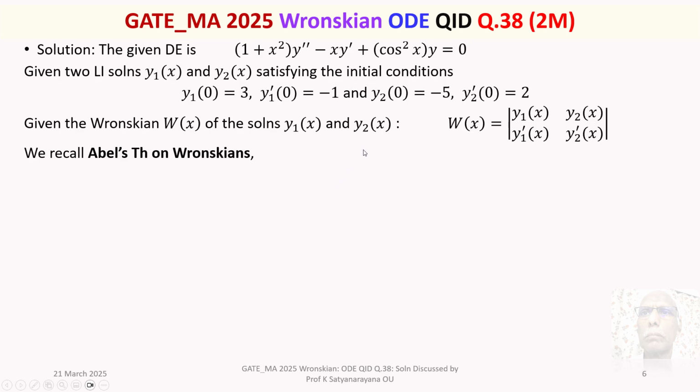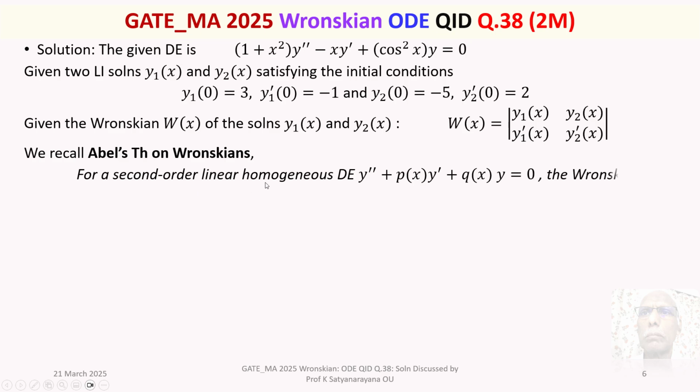To work out this problem, we have to recall Abel's theorem on Wronskians. The theorem states: for a second order homogeneous linear differential equation y double prime plus p of x into y prime plus q of x into y equals 0, you have to note that the coefficient of y double prime must be 1.